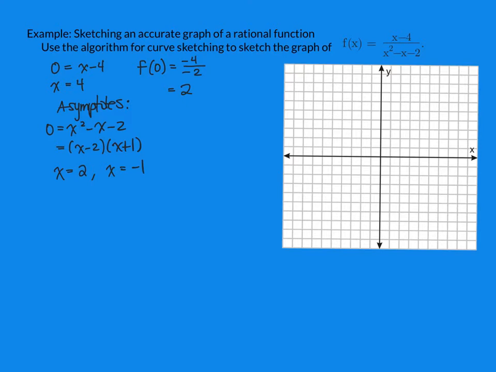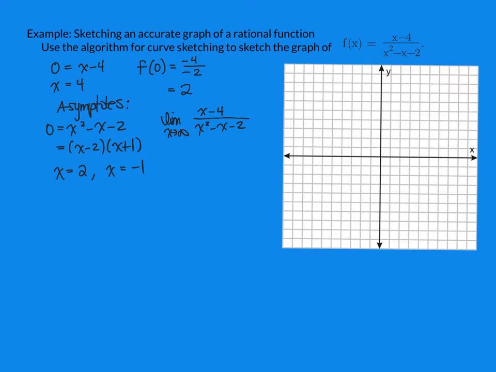And now we need to consider what kind of horizontal or oblique asymptote this is going to have. So we're going to consider the limit as x approaches infinity. What happens to the behavior of this function? Some of you may recall that because the denominator is going to grow faster, since it is a higher degree than the numerator, we can right away see that this limit is going to evaluate to be 0.